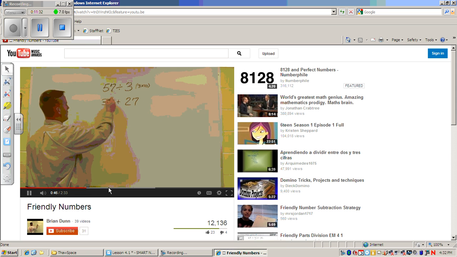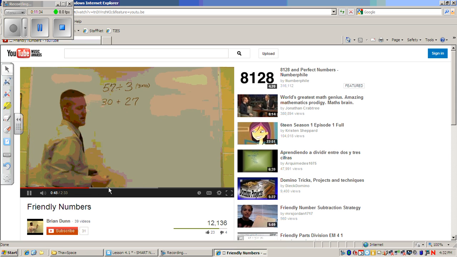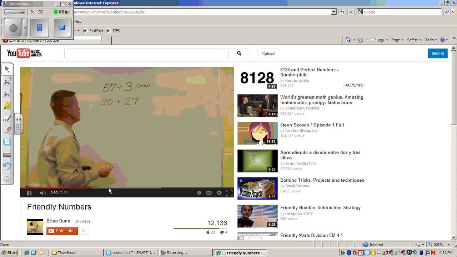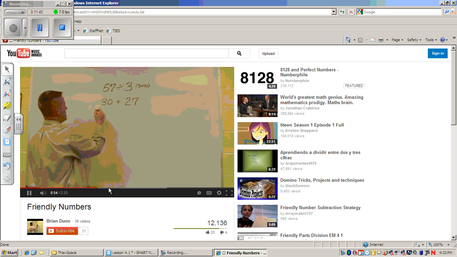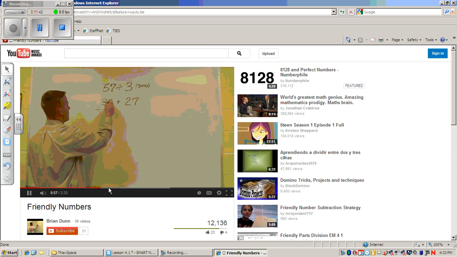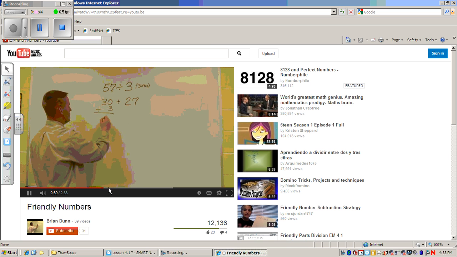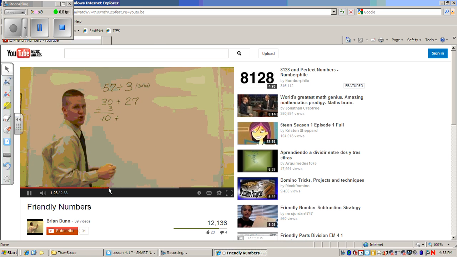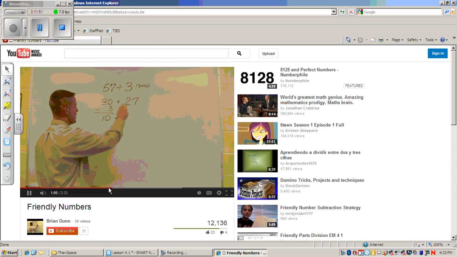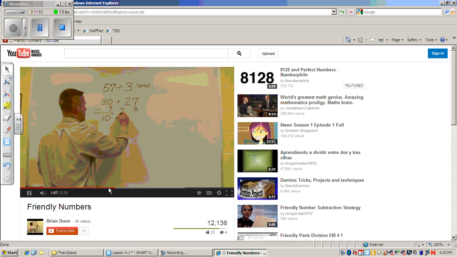So now I have a number that is the same as 57, but both numbers are a lot easier to work with because my 3 times tables, I do know up to these numbers. So on this side, I think, what is 30 divided by 3? I already know it's 10 because that's how I got it originally. I keep my plus sign to make sure I don't forget that I'm adding it back together. And then I divide the 27 by 3 as well.